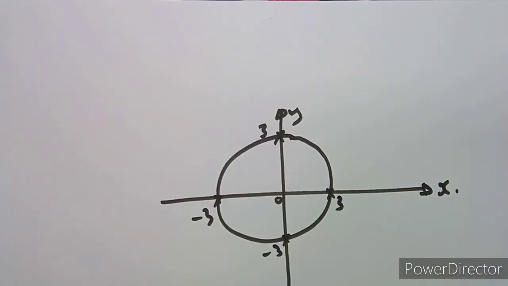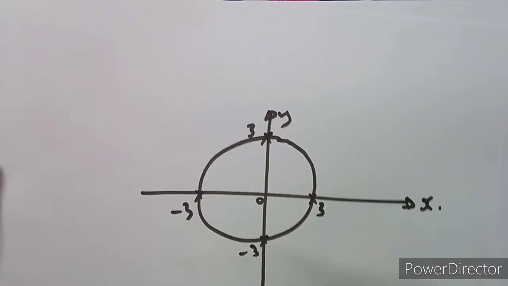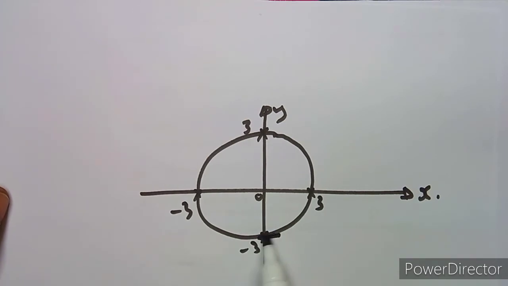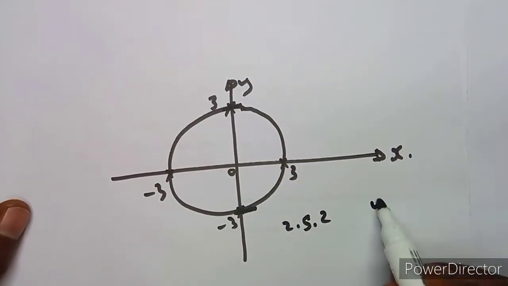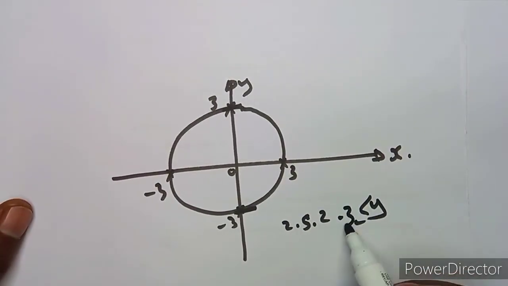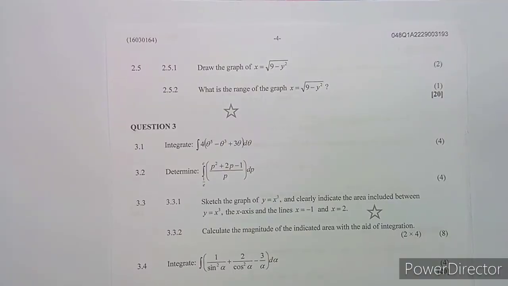Still, you have the same answer, guys. Or just to know what the range is: remember, range affects the values of y. As you can see, the values of y are limited from minus 3 up to 3. So that's going to be 2.52, which is y is greater than or equal to negative 3 and less than or equal to 3. And this y is an element of the real numbers.